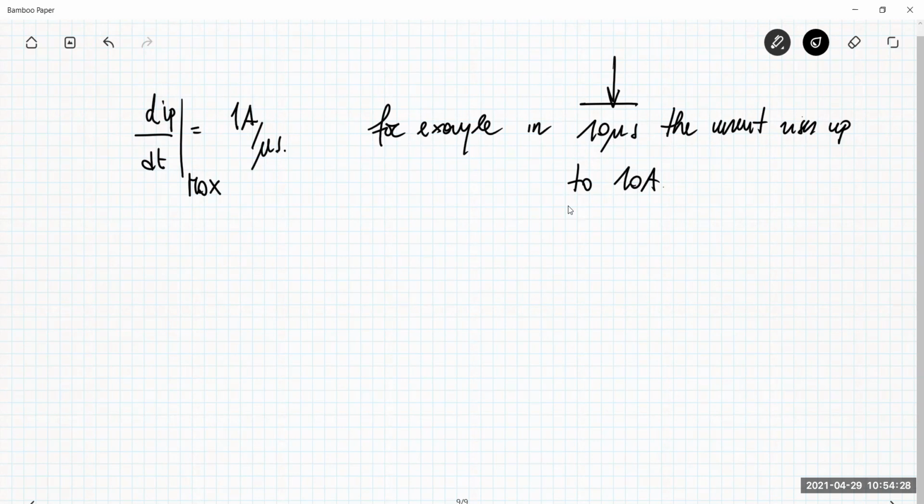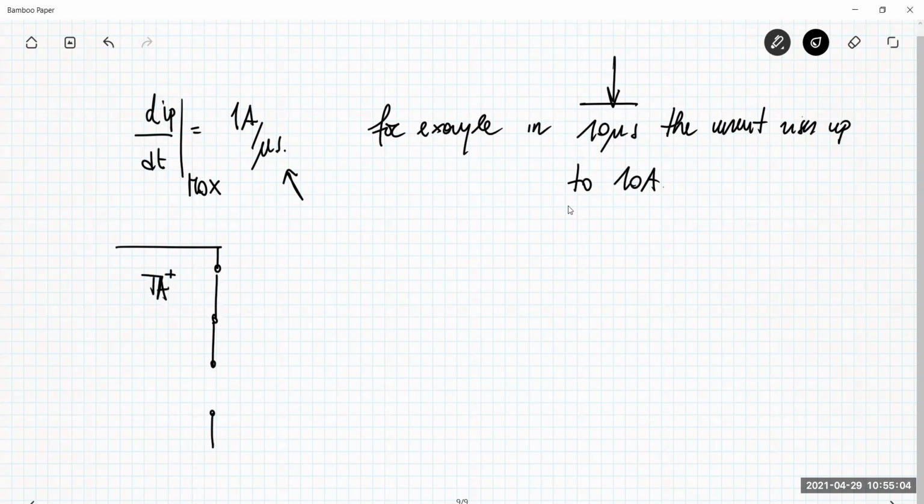If I hold TA plus closed for 2 switching periods, instead of switching it on and off, I simply close this transistor for 10 microseconds. The current through the load can ramp up to 10 amp with this specific rate of change.